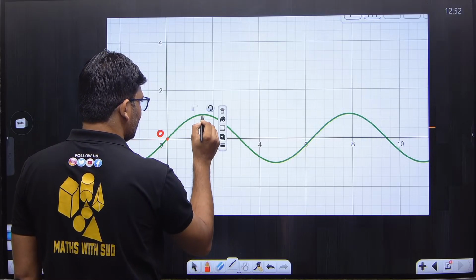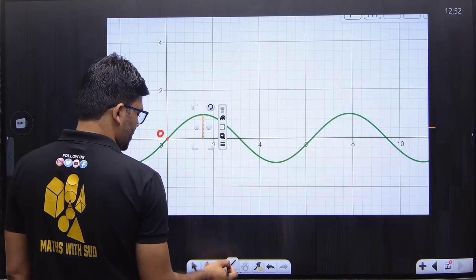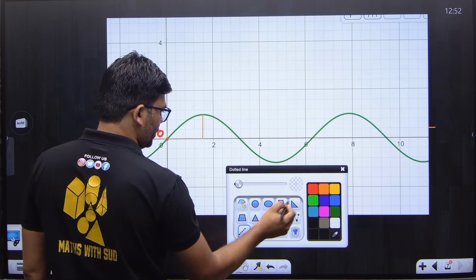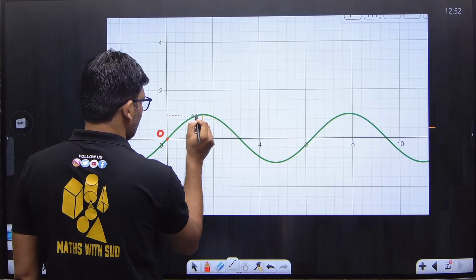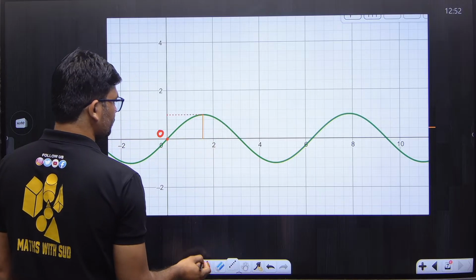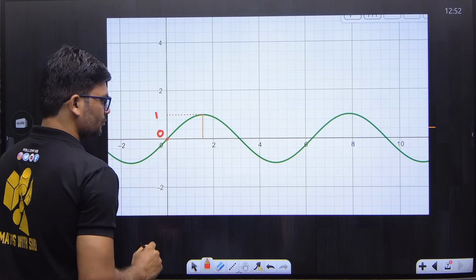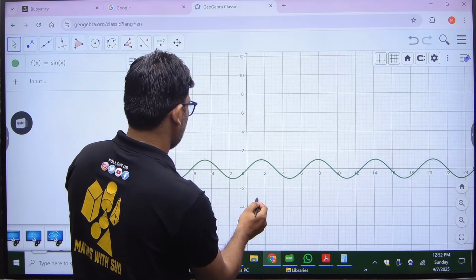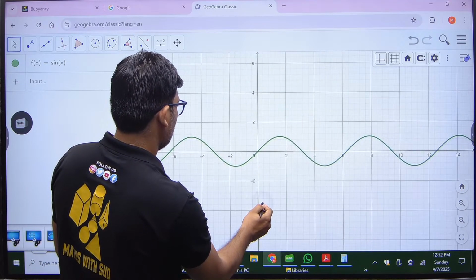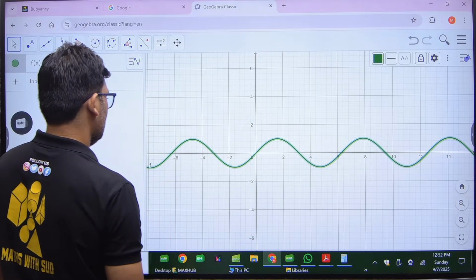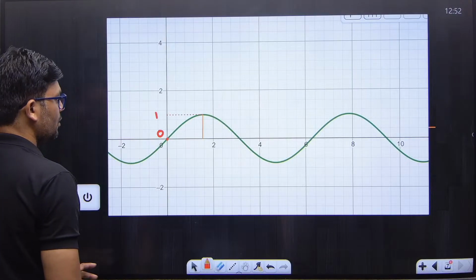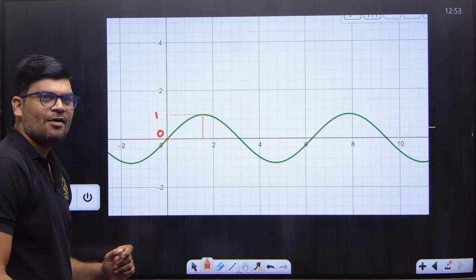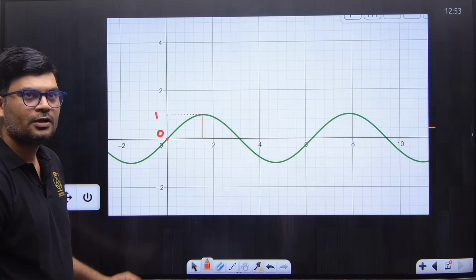The maximum value of the sine graph is 1 unit.